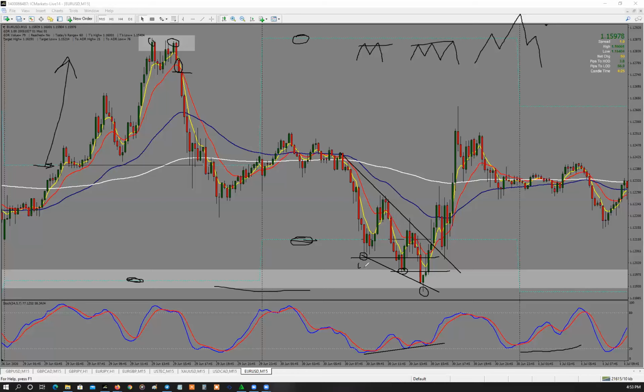I made a video on structural levels. I think that video will be very fantastic for all of you. This low here is lower than this low here, and this one is lower than this, while the indicator is making higher lows, because this one is higher than this, and this one is higher than this. So when price is doing the opposite of what the indicator is doing, it's called divergence.